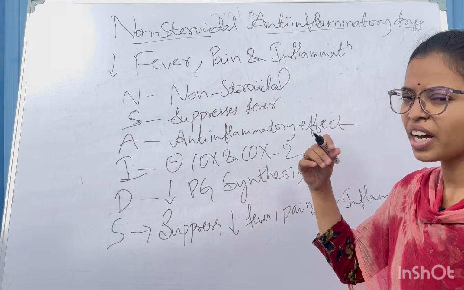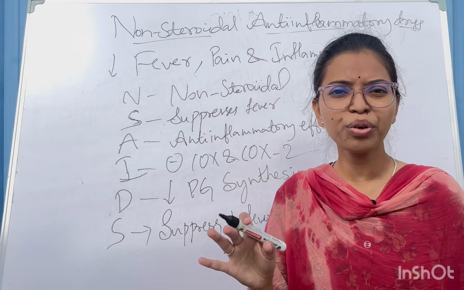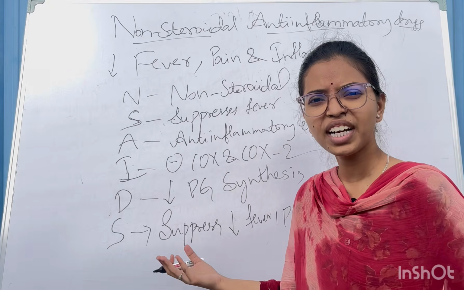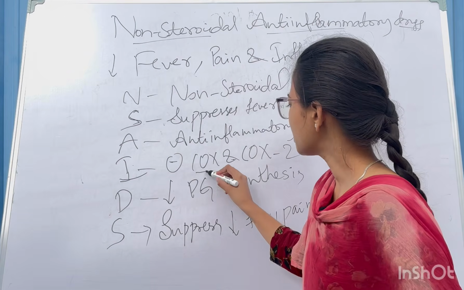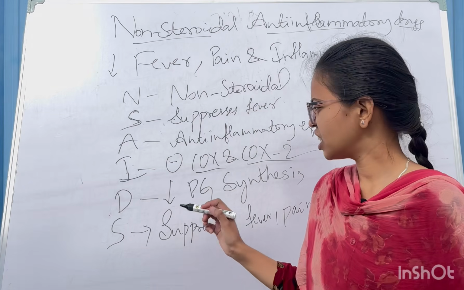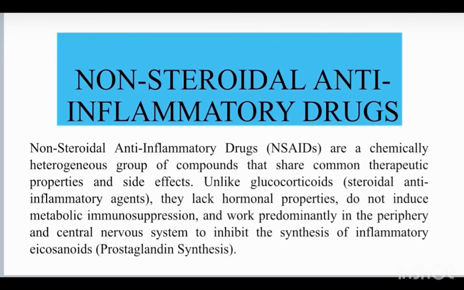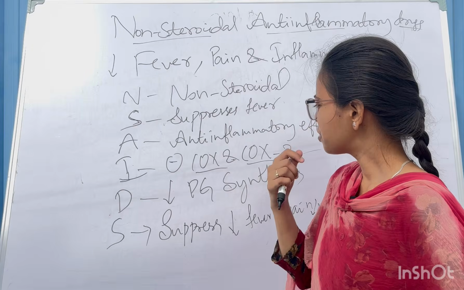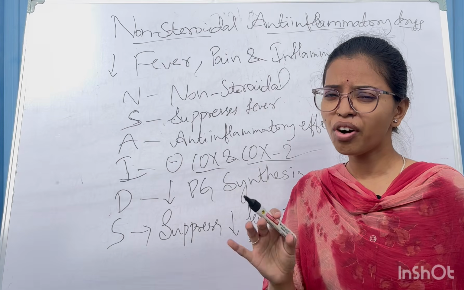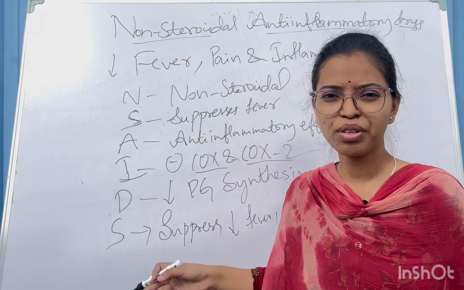Now, before going to the drugs of NSAIDs, first we have to know what COX is and what prostaglandin is. COX is an enzyme known as cyclooxygenase. If you want to know about COX in detail, first you have to learn the pathophysiology.